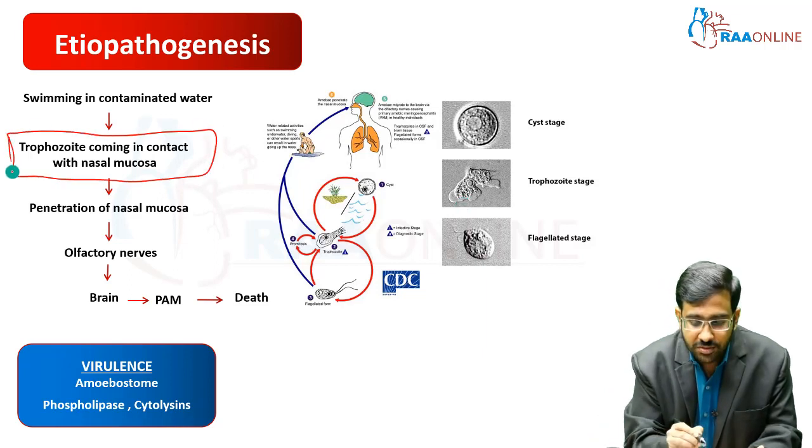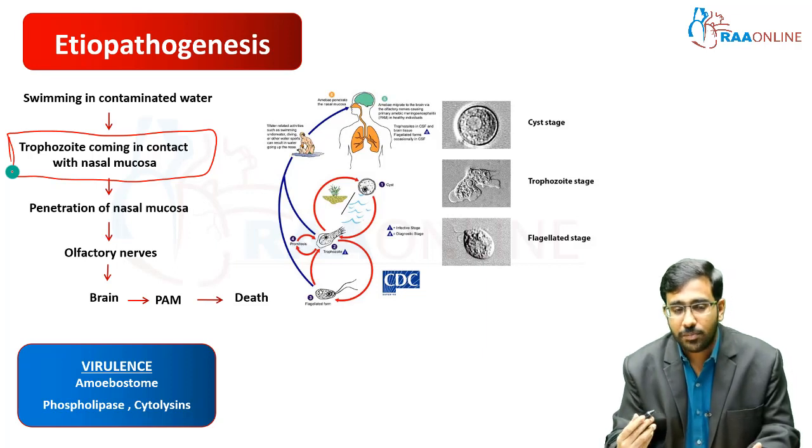In the nasal mucosa, it is going to produce various enzymes like cytolysin and phospholipase. With the help of these virulence factors, it is going to penetrate the nasal mucosa and reach the olfactory nerve. After reaching the olfactory nerve, it is going to travel to the brain.